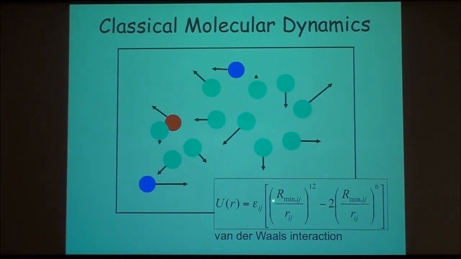At very short distances, where Rij is smaller than R min, this term to the power of 12 becomes dominant, and you have a very strong repulsion between the two atoms. At longer distances, this dies very fast, and the attractive term becomes dominant, so you have attractive interaction at large distances between any pairs of atoms.